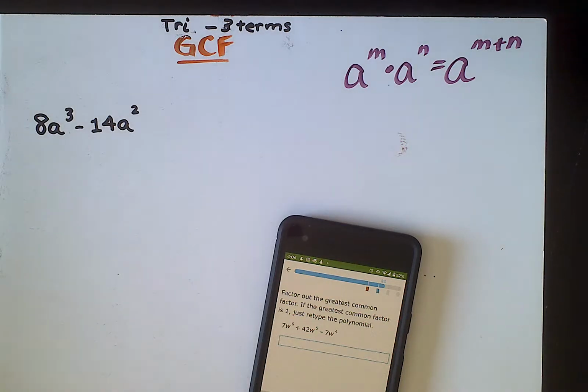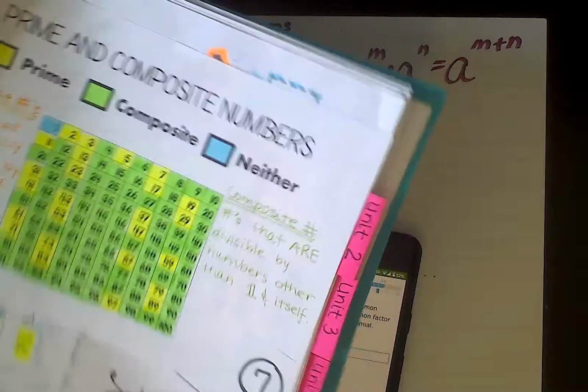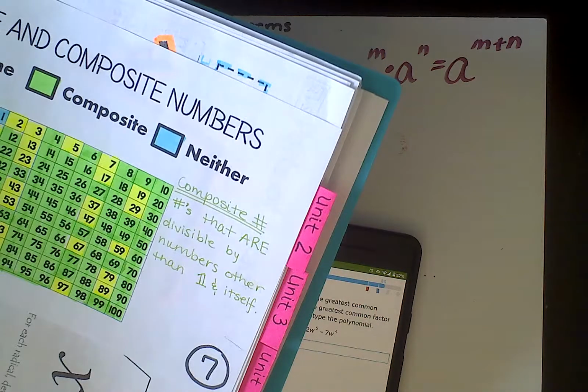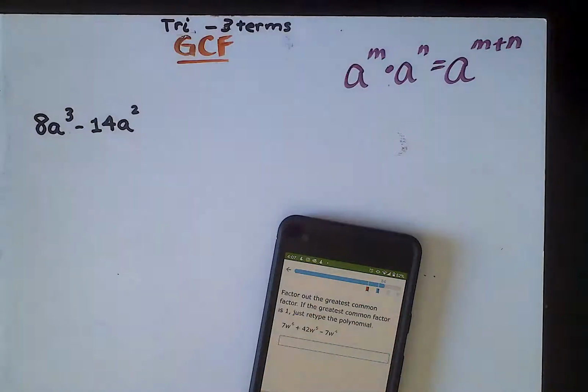So once again, look at page 7. You want to break it down into prime numbers. Those are your yellow numbers. So 8 is a composite. So let's go ahead and break down 8.